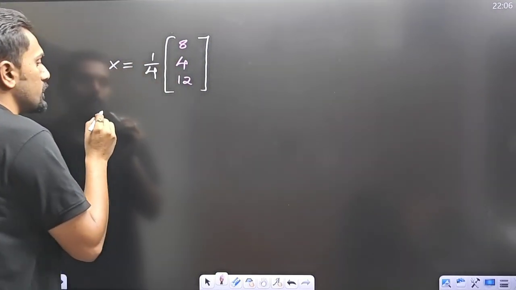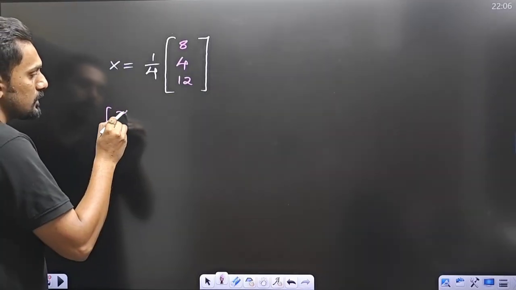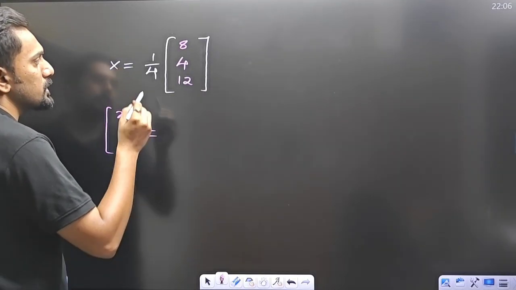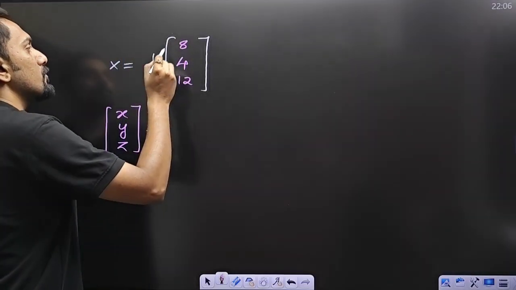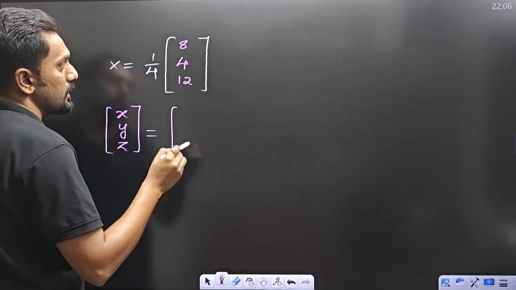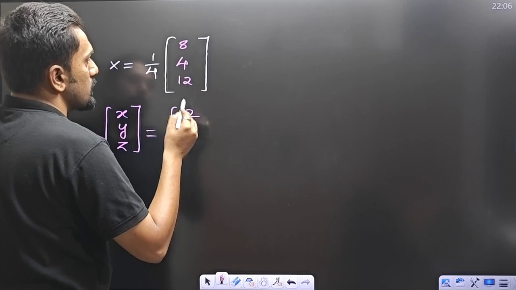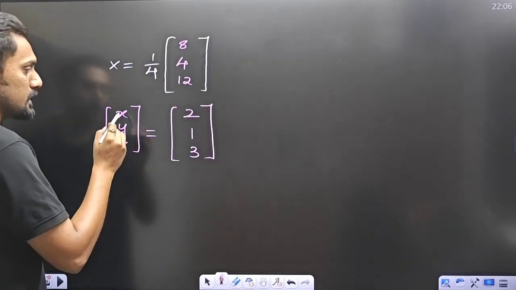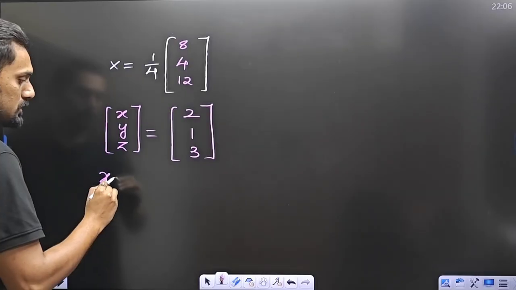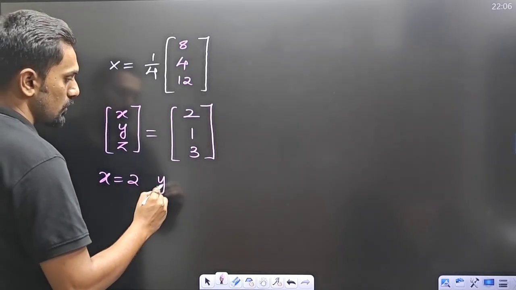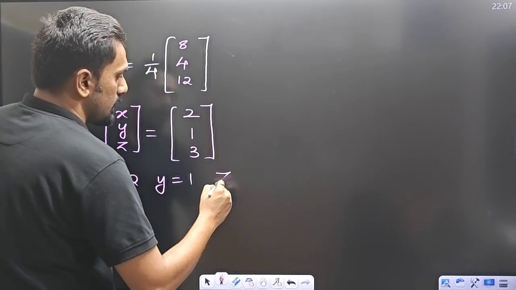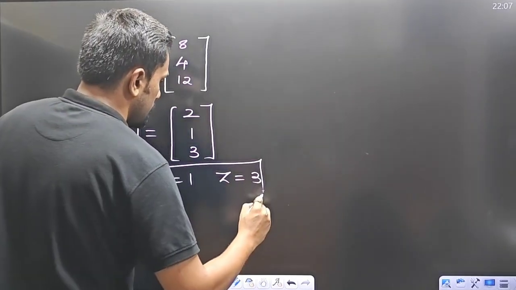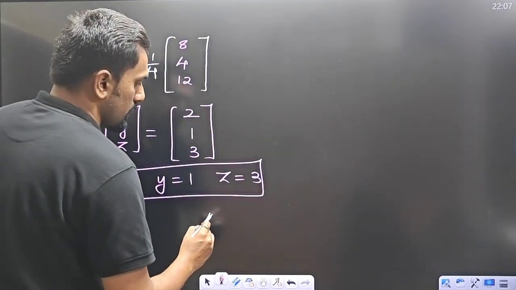So what is x here? x, y, z is equal to, if I divide by 4 then 8 by 4 will be 2, this will be 1 and this is 3. So the answer is x is equal to 2, y is equal to 1 and z is equal to 3. If you write this much then you will get 5 out of 5 marks.